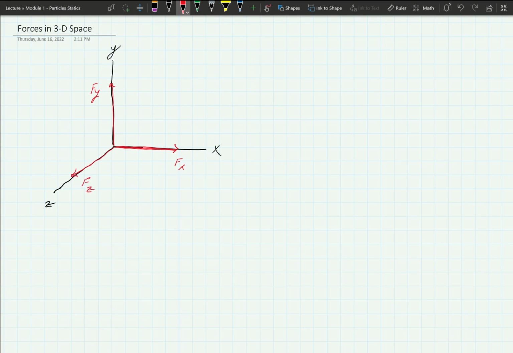We will have a vector, and I'm going to do this one in green just to try to make some sense out of this for you. It is coming up and out and going in this direction.